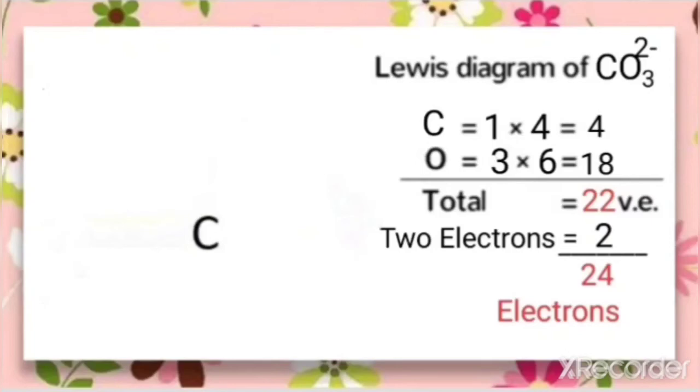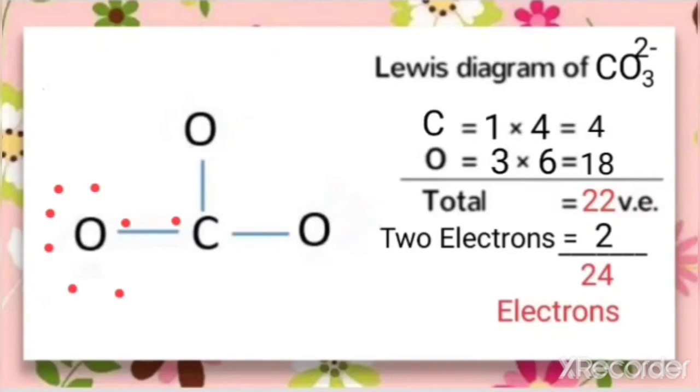So the terminal atoms, there are 3 oxygens, so we are writing them on the terminal sides of the carbon. First, keep a single bond between these. Now count the number of electrons. A total of 24 electrons are there. So let us start from this side. 1, 2, 3, 4, 5, 6, 7, 8. 8 electrons. 9, 10, 11, 12, 13, 14, 15, 16.